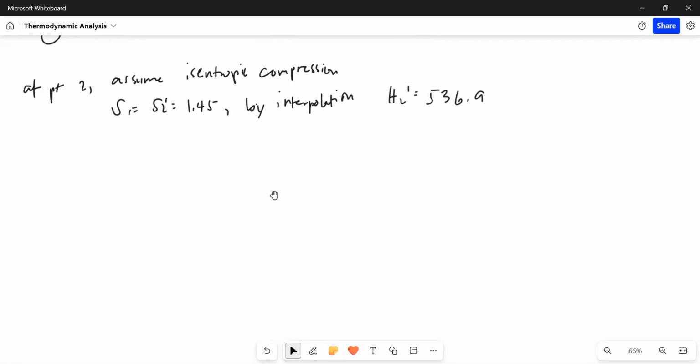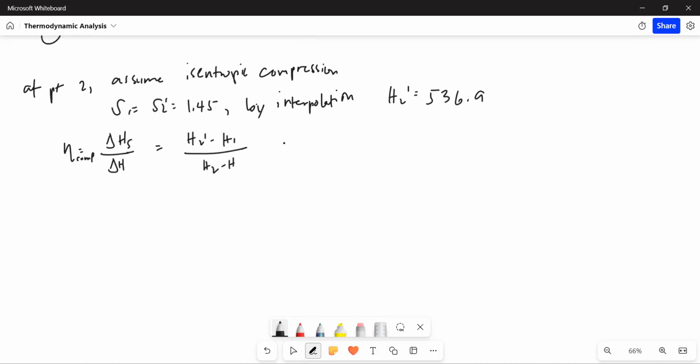Therefore, we can use the equation for the efficiency to find H2 actual. Efficiency is delta H_s over delta H, with the delta H_s in the numerator, since this is for the compressor, a work requiring device. Therefore, this is H2 prime minus H1 over H2 minus H1, and this is equal to 0.8 or 80%.